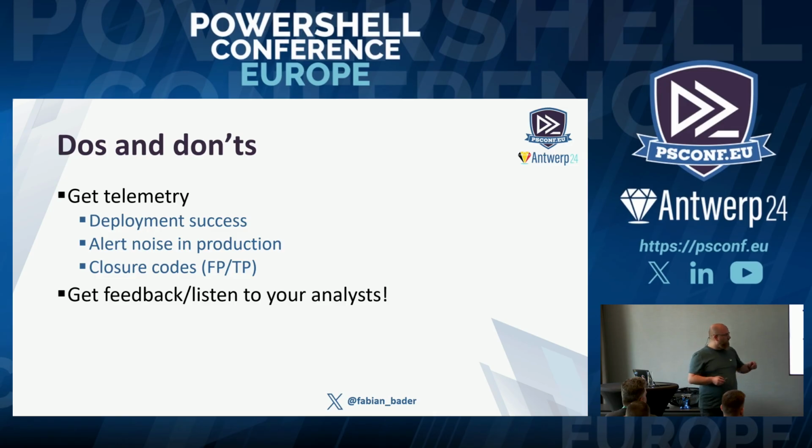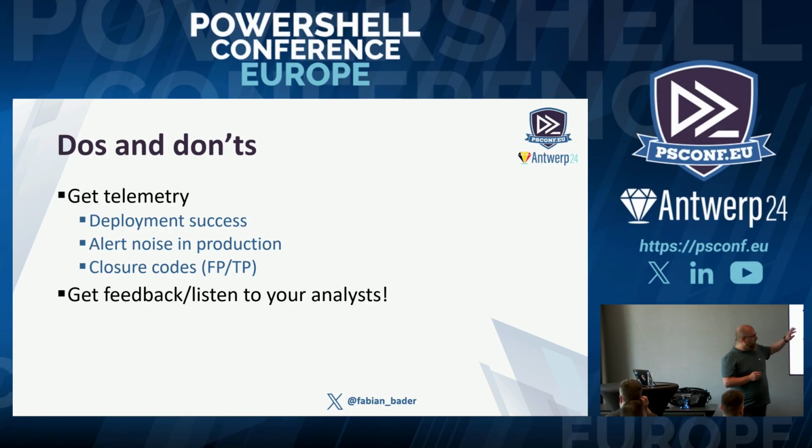One last thing is get telemetry. So we are using the Sentinel Pester framework to get back: has the deployment worked? Is everything in order like we wanted? Is the configuration in Sentinel the same over all the customers, at least for the important settings?